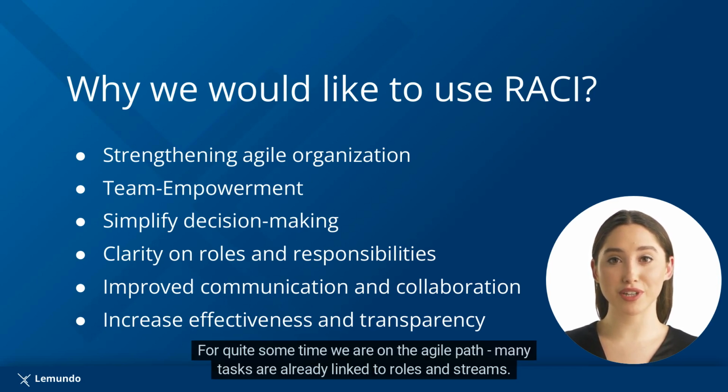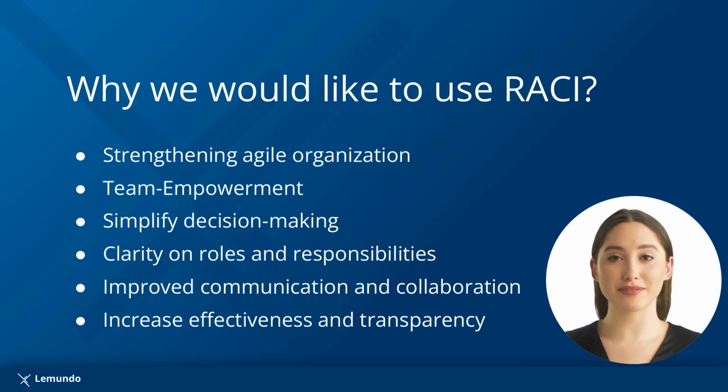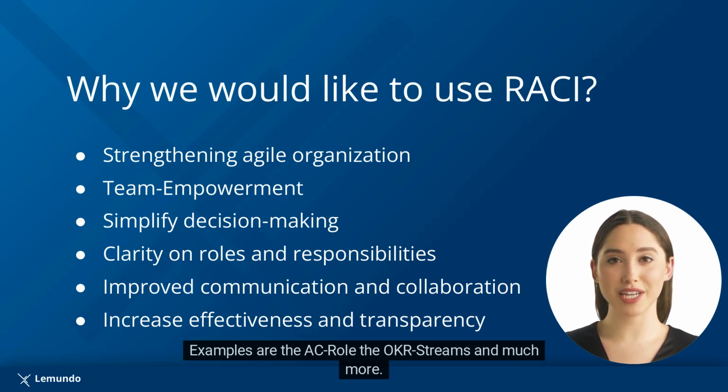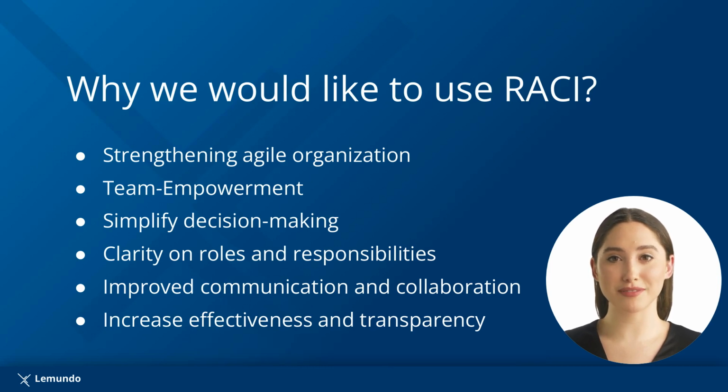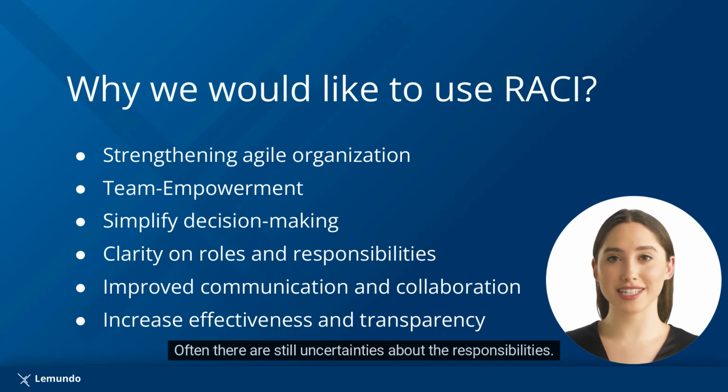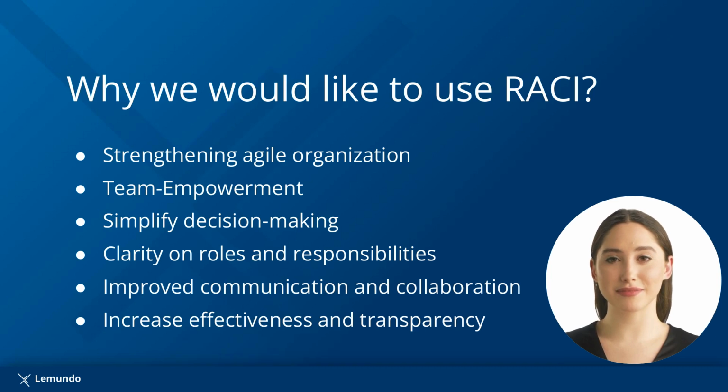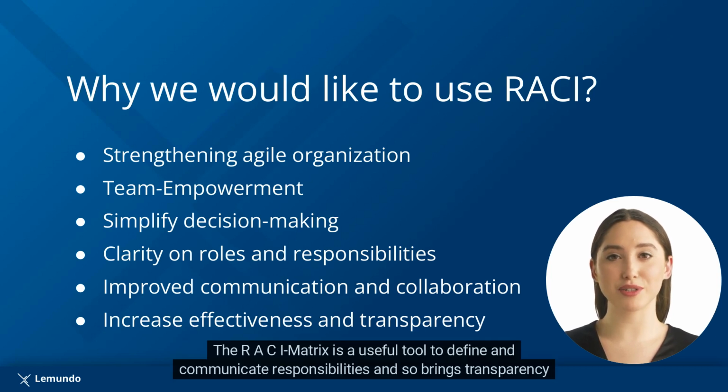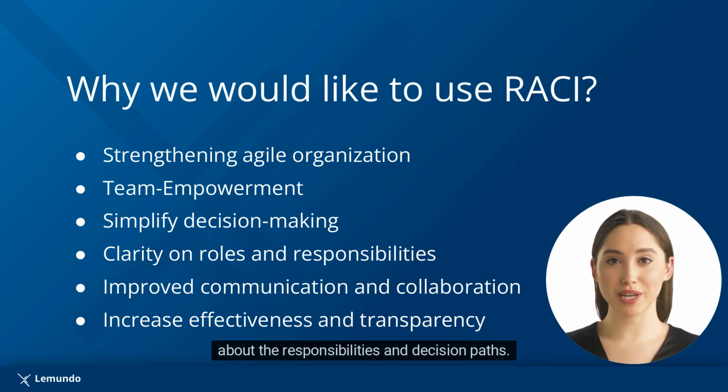For quite some time we are on the agile path. Many tasks are already linked to roles and streams. Examples are the AC role, the OKR streams, and much more. Often there are still uncertainties about the responsibilities. The RACI matrix is a useful tool to define and communicate responsibilities and so brings transparency about the responsibilities and decision paths. That's why we want to use it.